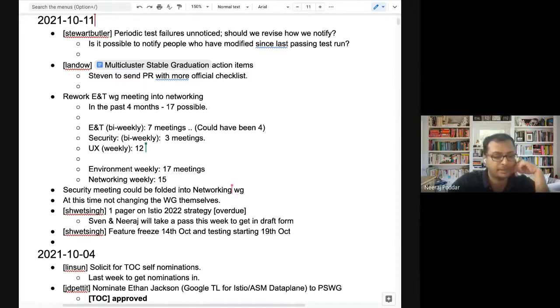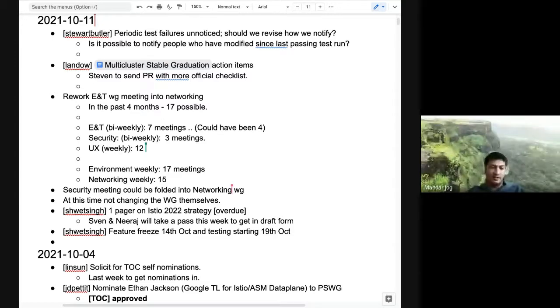Okay, so switch or consolidate the meetings for now, then come back and see how that's going, and then maybe also merge working groups eventually. Yes, correct. I think that's the right plan.